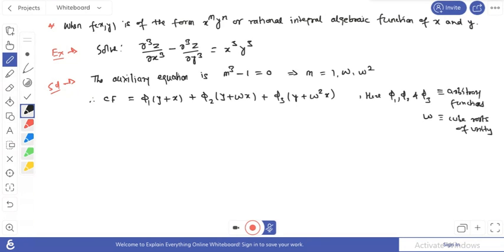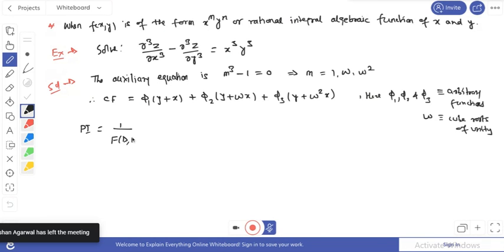Now we are interested in finding the particular integral. The particular integral equals 1 over f of D, D1, of this function f(x,y).